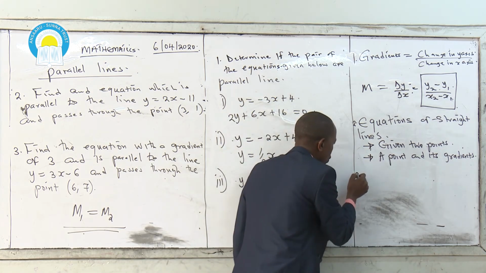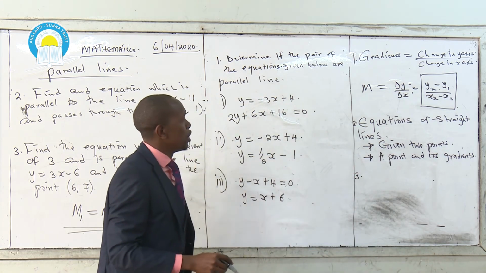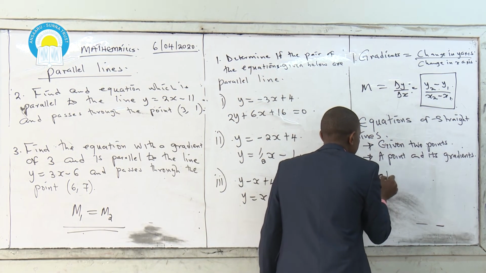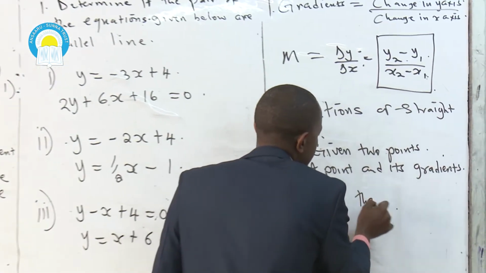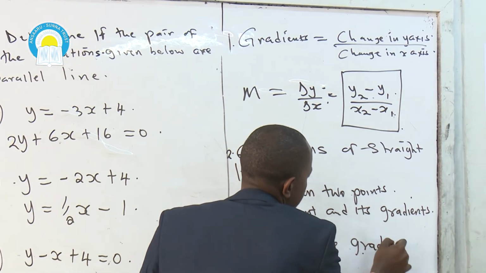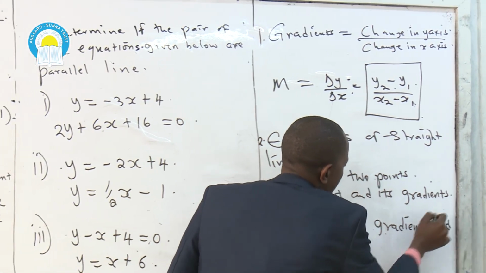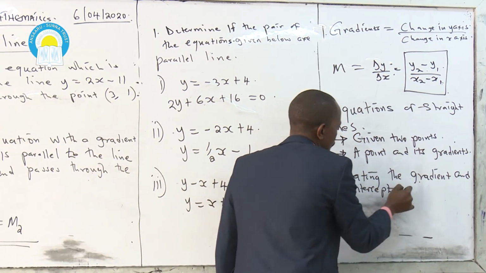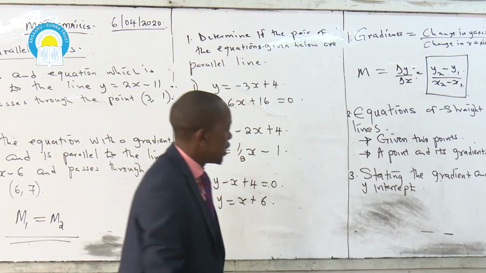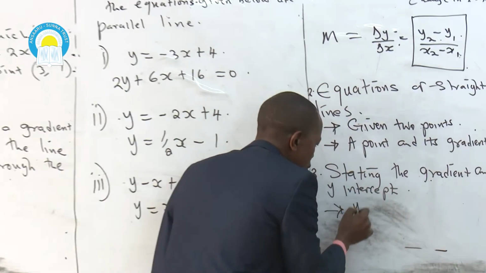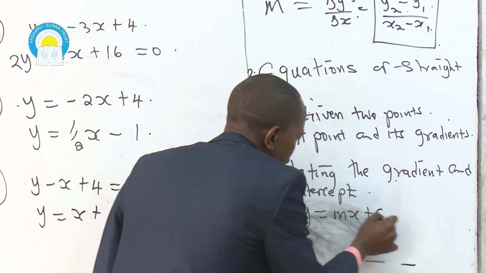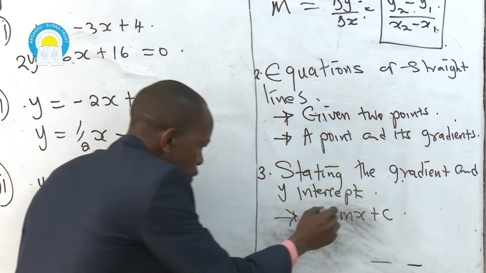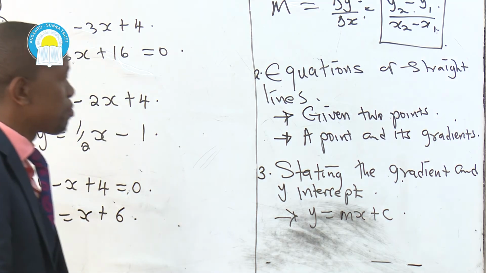Number 3, on what we've been tackling on this topic, we also talked about how to state the gradient and the y-intercept. We said the equation should be in the form y is equal to mx plus c.